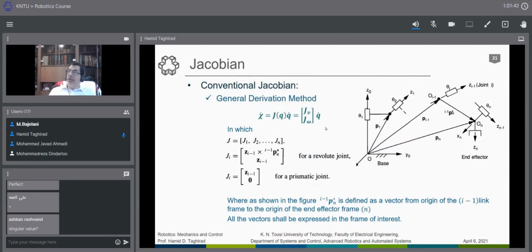It can be represented in any convenient or inconvenient method. We can have offset, we can have anything. We can have any sort of Denavit-Hartenberg representation, any point of interconnection that these joints have with each other.